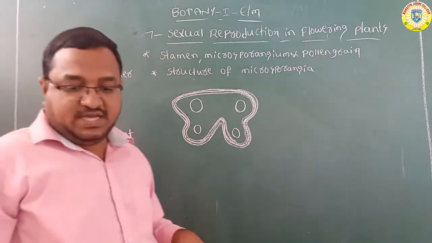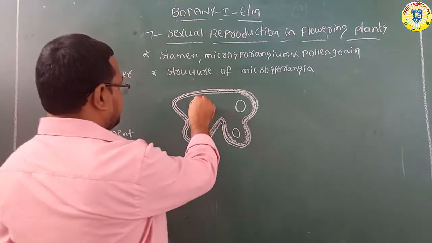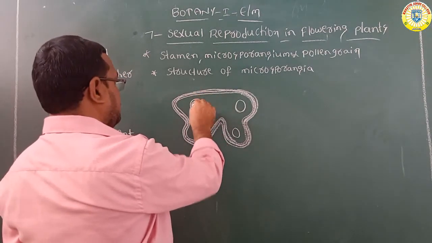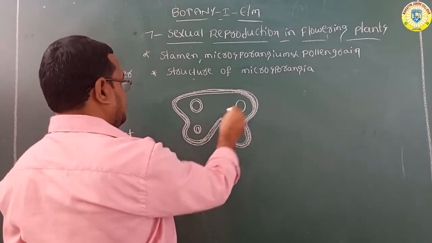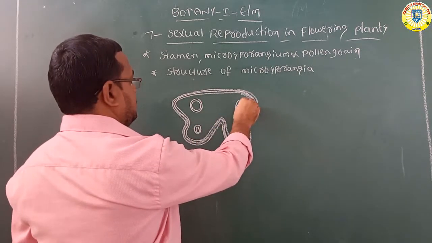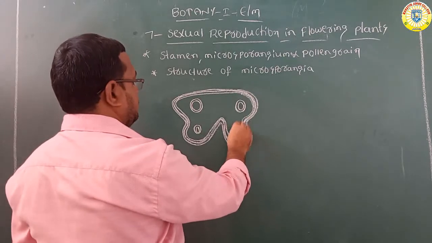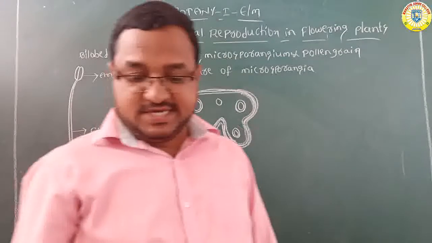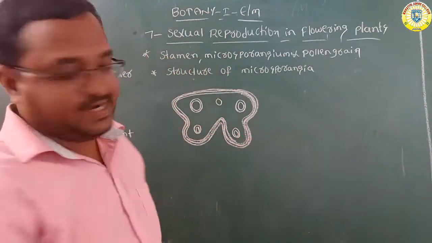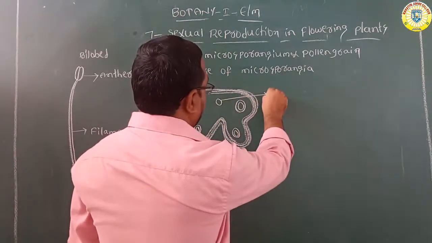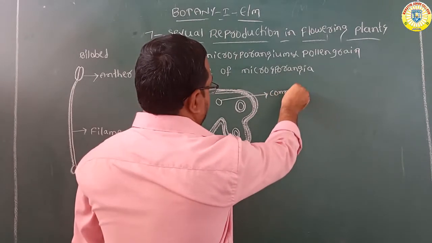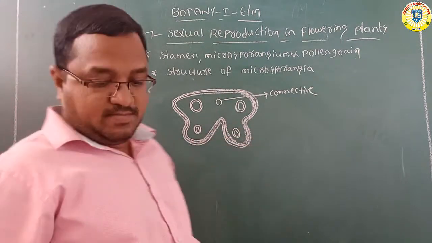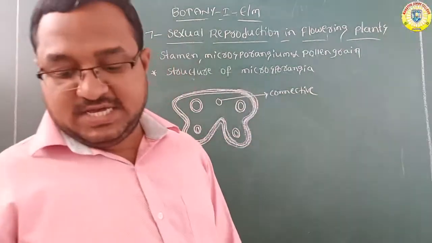Here you can see four sides. Especially you can see this is the connective. In the middle you can see the microsporangia.